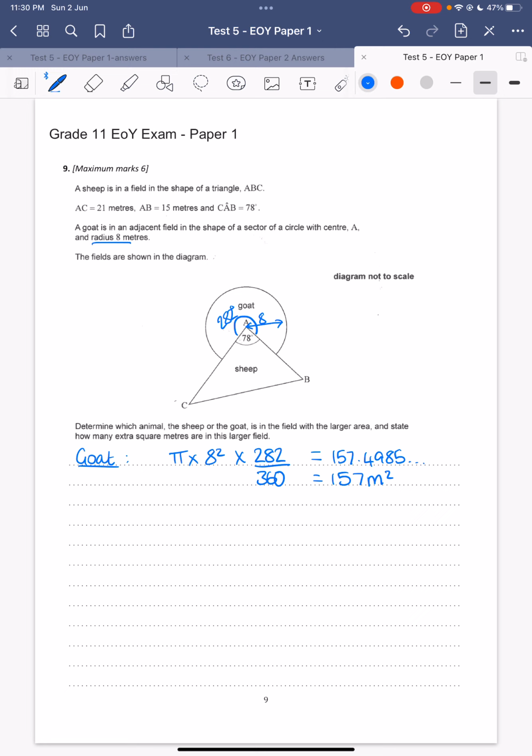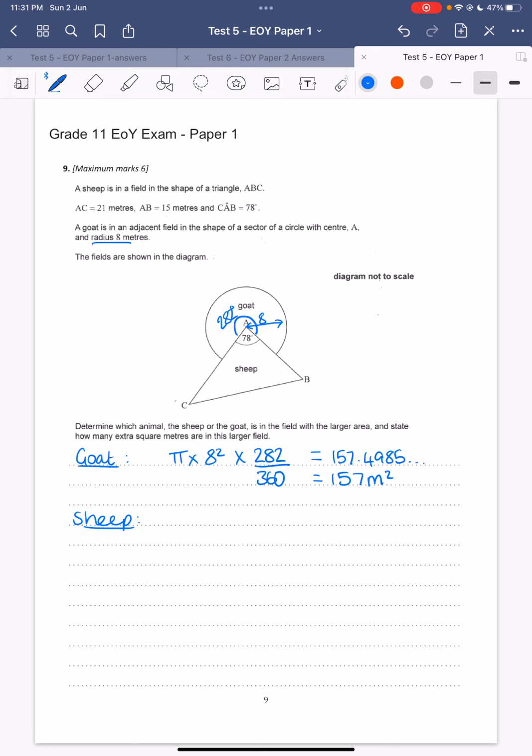Then we have the second part, which is the area of the sheep. And the sheep has a triangular shape, so we know that we're likely to be needing either the sine rule or area is equal to the base times the height divided by 2.